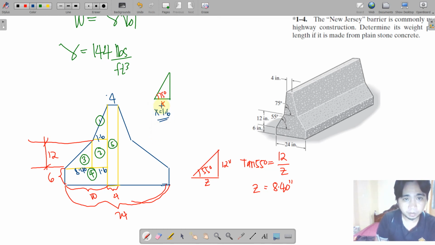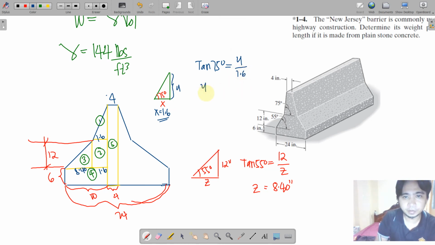Okay, so again, by tangent function we can get this dimension. Say I'm gonna label this as y. Okay, by tangent function, tangent 75 degrees, opposite to that one is y all over 1.6.